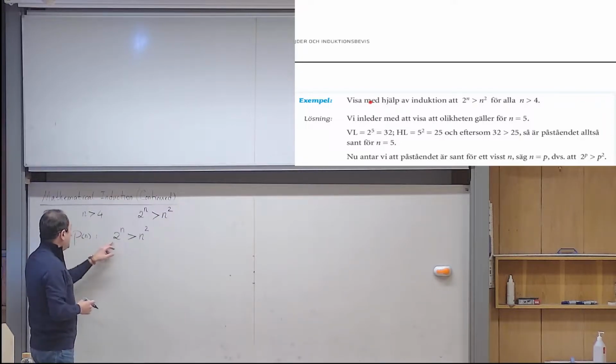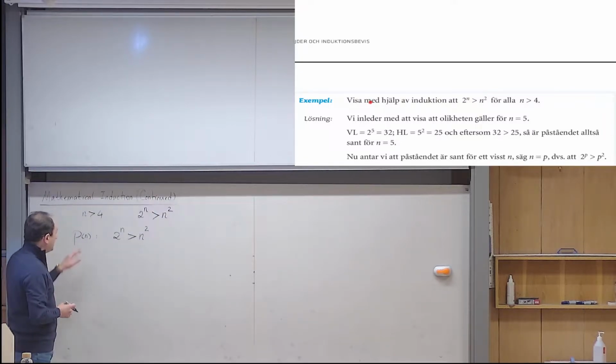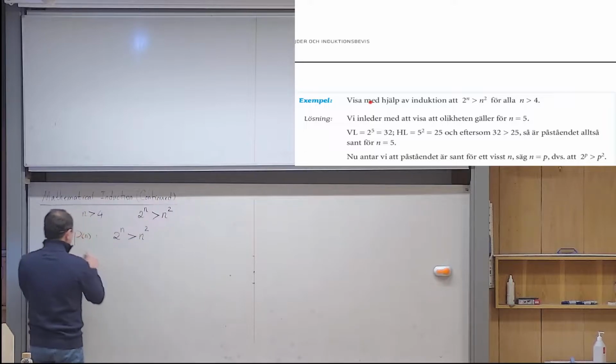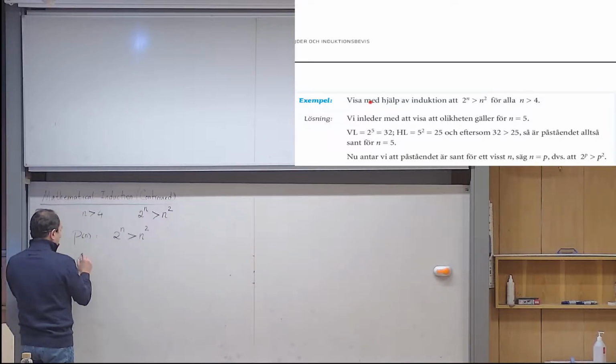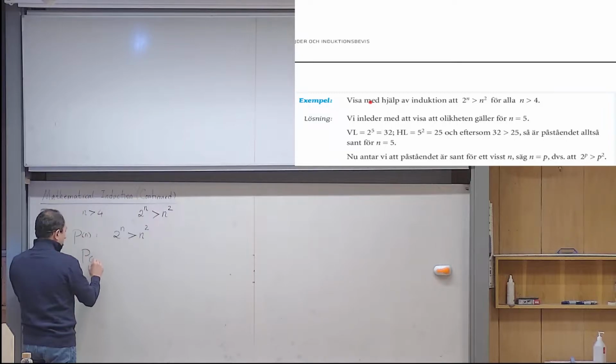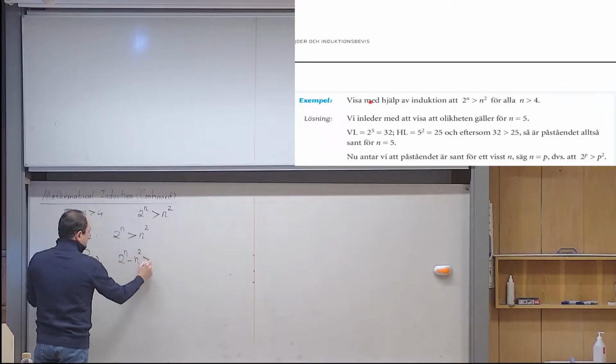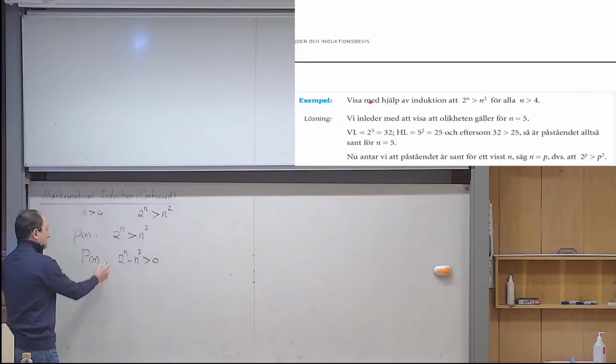Okay, so this is what I'm saying. Instead of proving the inequality, it might be a good idea to calculate the difference. So instead of calling this P(n), it might be a better idea to call P(n) the statement that the difference between these two is greater than 0. Of course, it doesn't matter that much, but this is by experience.